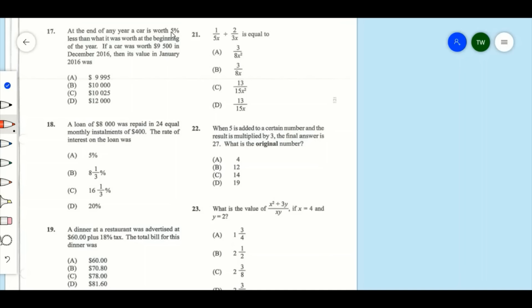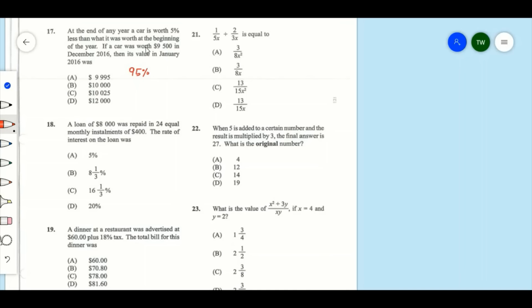Alright. Item 17. At the end of any year, a car is worth 5% less than what it was worth at the beginning of the year. Now, if it is worth 5% less, in other words, the car is now valued at 95%, right? That's what we know. Alright, continuing.